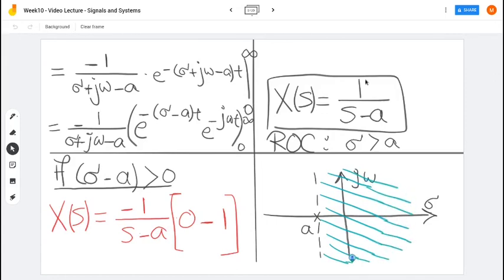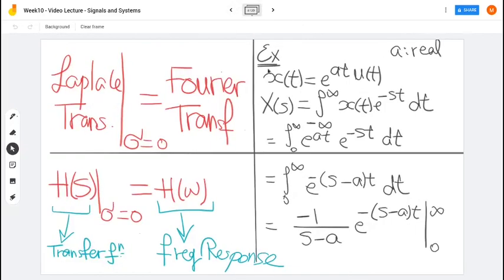If we have a sequence in time that is right-sided, if you look at this sequence in time, this sequence is a right-sided sequence because it's multiplied by a u(t), so it starts at t equals 0 and goes up to infinity, so we call it a right-sided sequence or a right-sided signal.